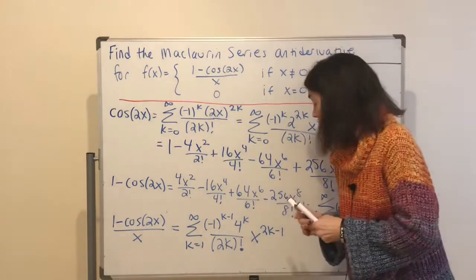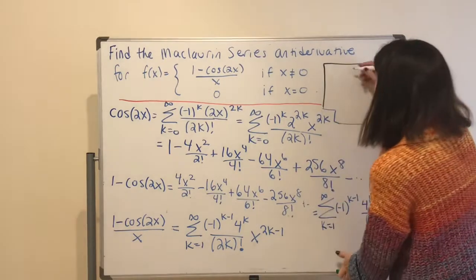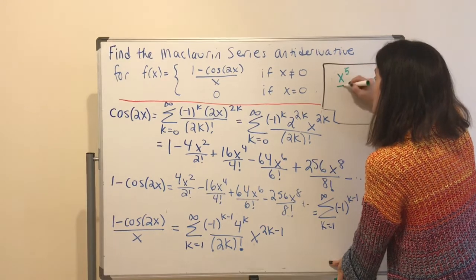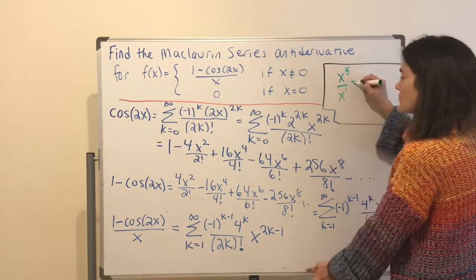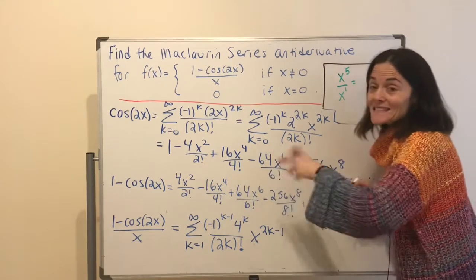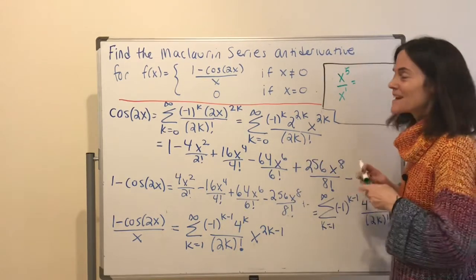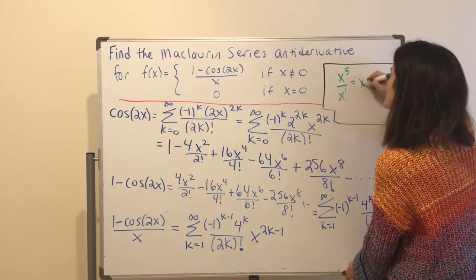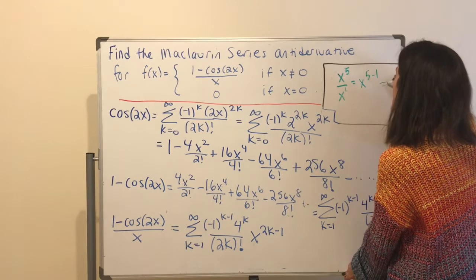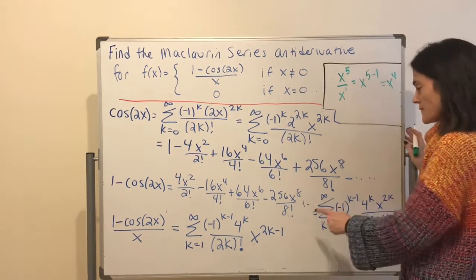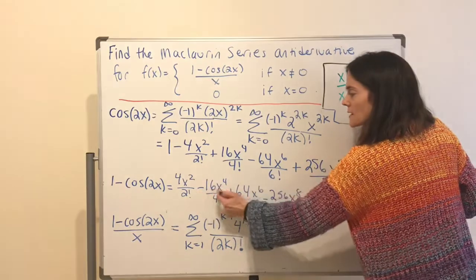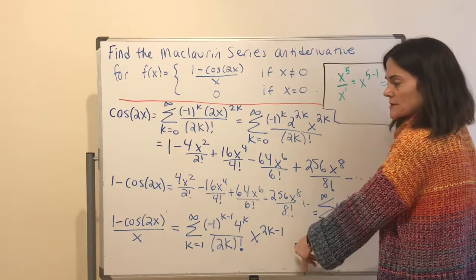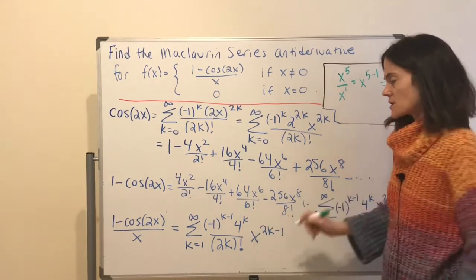Well, it uses properties of exponents. Let me do a specific example. If you had x to the 5th over x to the 1, this is what I multiplied through by. Of course, there's no x to the 5th in this. I'm just showing you the property of exponents. Well, this is an x to the 5 minus 1, or x to the 4. So it shifts every term here. The power of x is 1 less. And that's what's represented here in this summation notation.